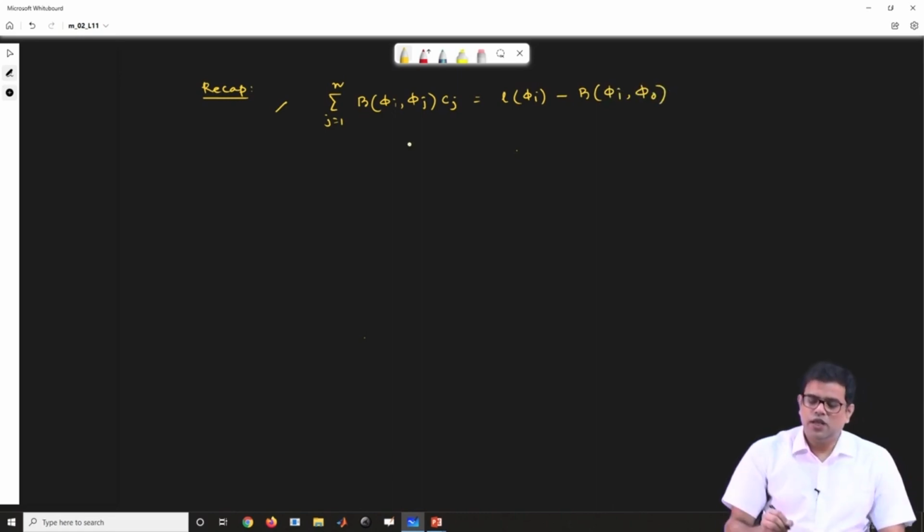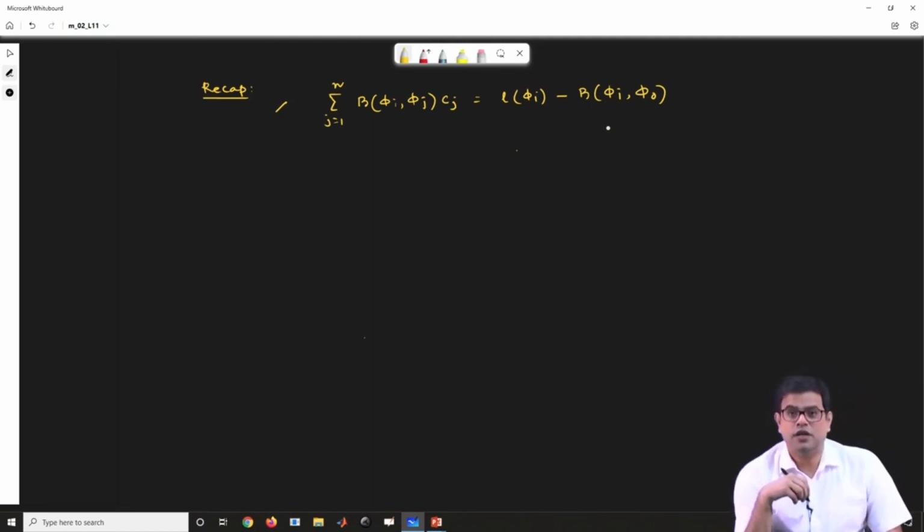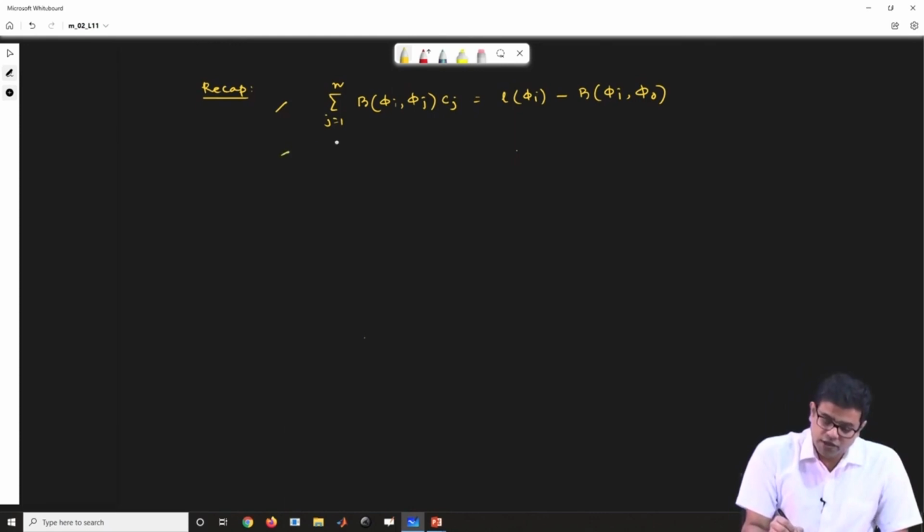So phi 0 is just to satisfy the non-homogeneous boundary condition, and the phi i's are the weight functions. Suppose u is my field variable, then the approximation will look like this: sum over j equals 1 to n of Cj phi j of x, and then we have this phi 0.